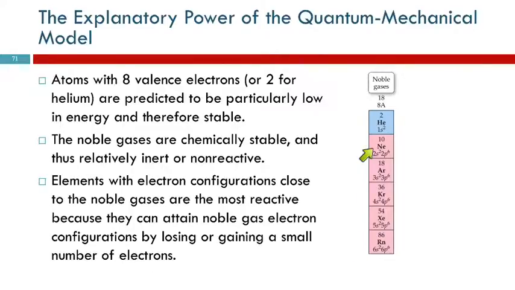So in Mrs. K's chemistry land, the noble gases are like the cool kids in high school, that in-group that so many other people just really wanted to get into but couldn't because you didn't look right or didn't have the right clothes or something, right? These guys are cool. They've got 8 valence electrons. They're set. They don't need anything from anybody. And that's why they don't react with other elements.